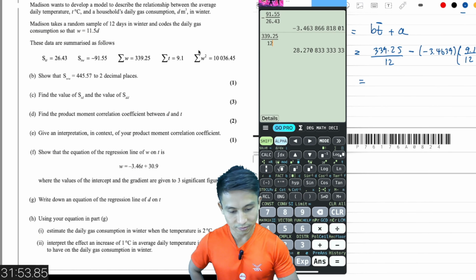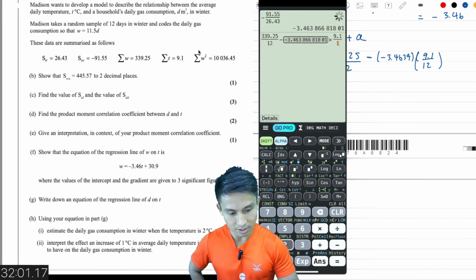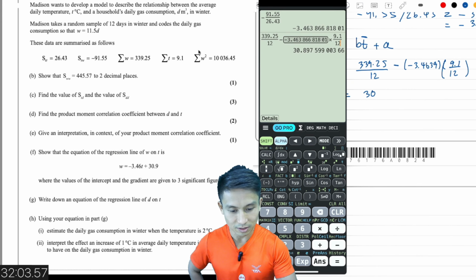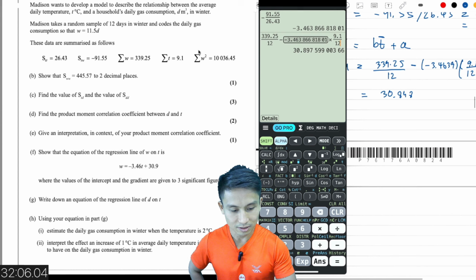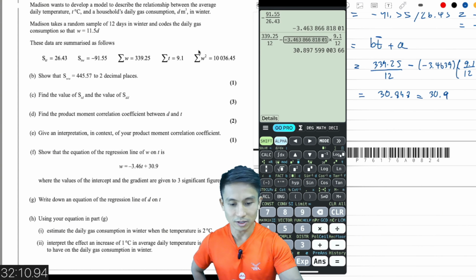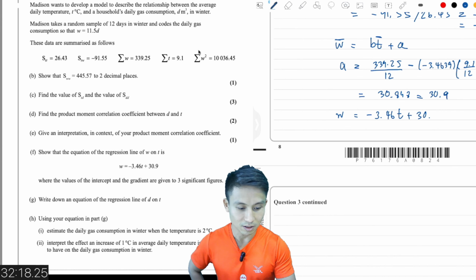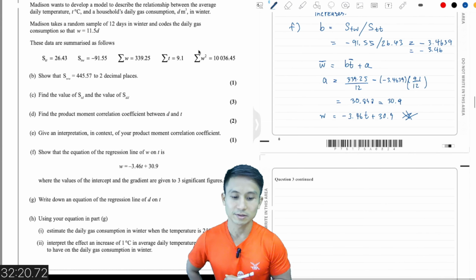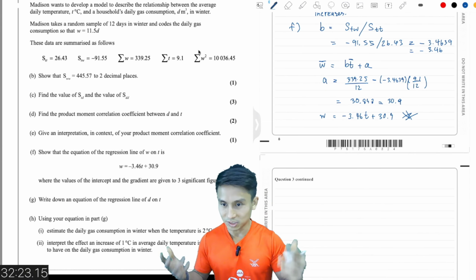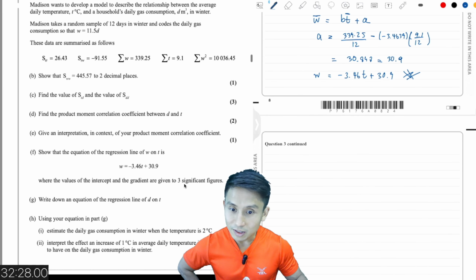That's going to be 30.898, and they want just 30.9. So the regression would be W equals minus 3.46T plus 30.9 as required, because we got A and B to be the same values there.